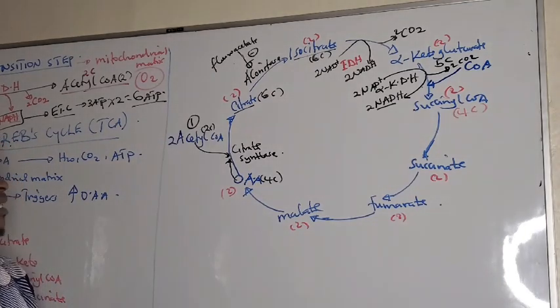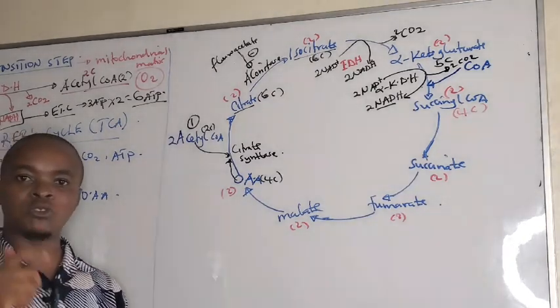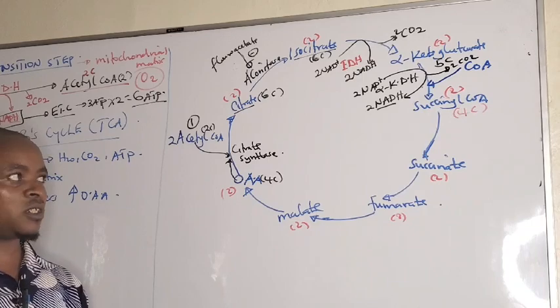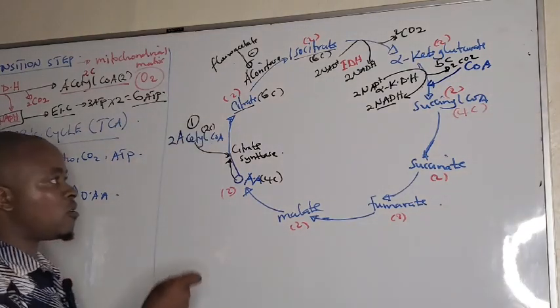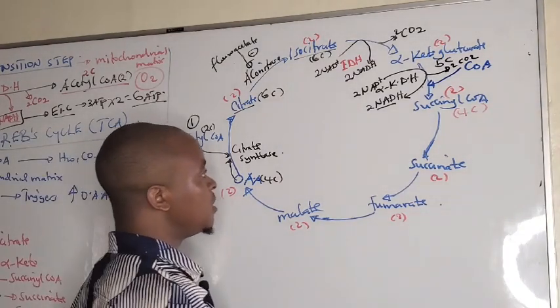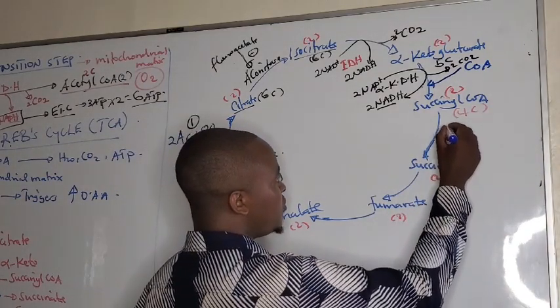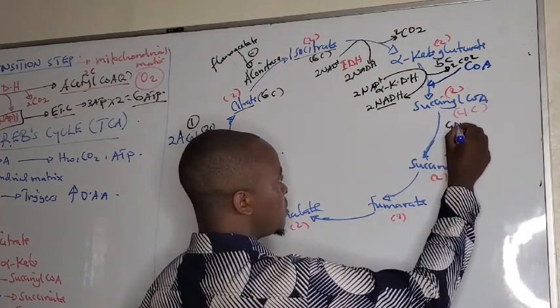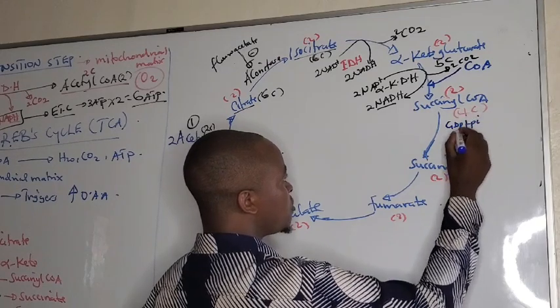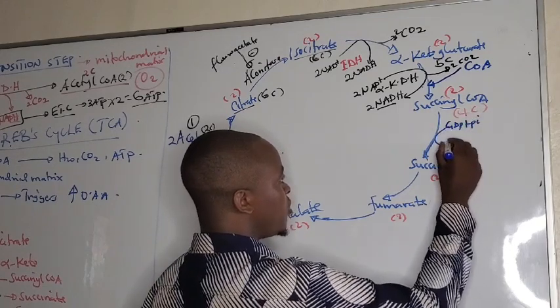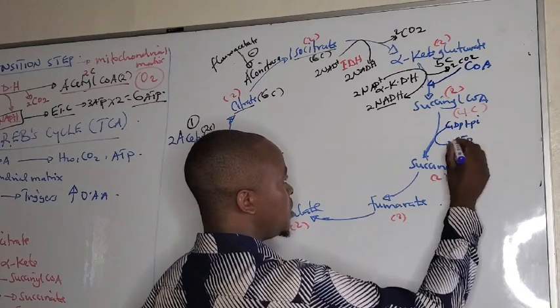Then the following one is so precious because it's called substrate level phosphorylation, whereby this succinyl-CoA is a higher energy compound, and being a higher energy compound, if we have GDP, it donates a phosphate group to GDP to form GTP.